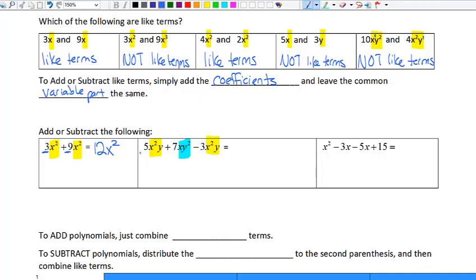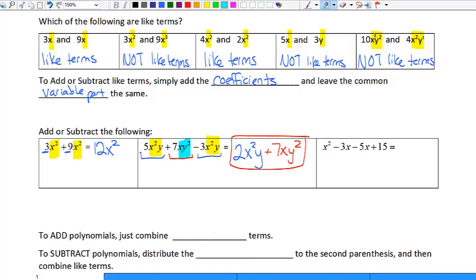So the two like terms, we have 5x squared y minus 3x squared y. When I add those together, that gets me 2 because I take the coefficients 5 minus 3. I keep the variable part the same. And the 7xy squared, that one doesn't have any like terms with it, so it's just going to come along. You cannot add these, and this is completely simplified.